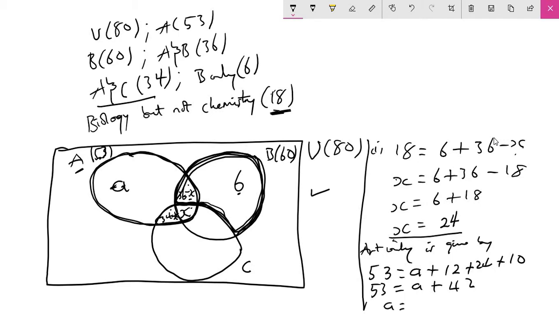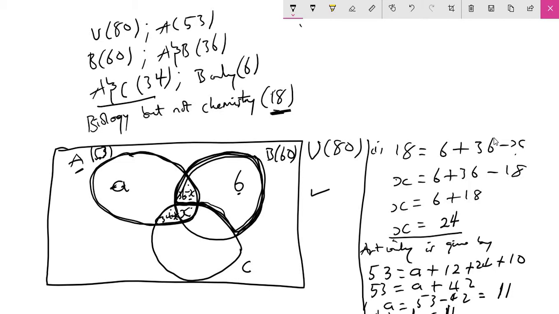And so a is equal to 53 minus 42, which equals 11. So a is equal to 11, so this implies art only equals 11. And that is the first part.